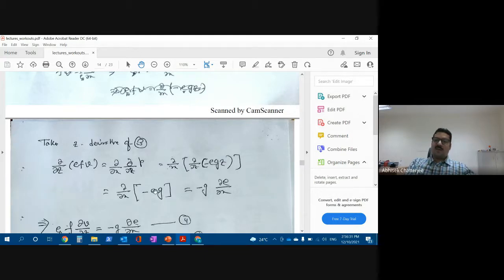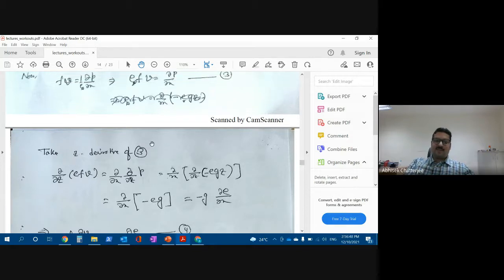G is not changing with respect to x, right? So minus g, and that is del rho by del x. This is from the v equation we got. So the z derivative of the left hand side quantity will give you minus g del rho del x.